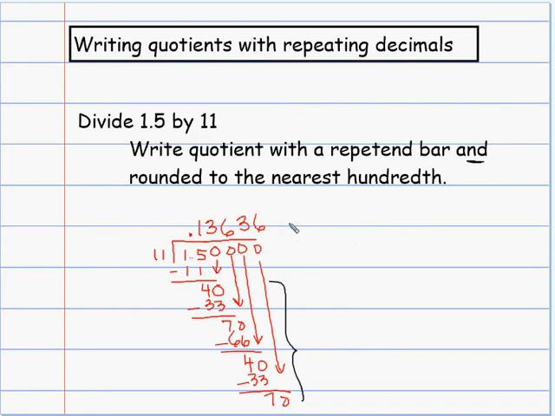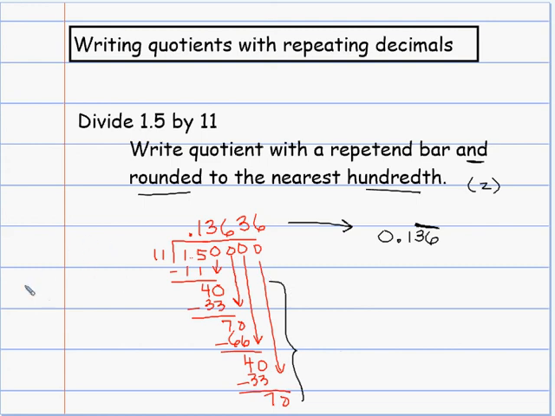So the first part of our answer is going to be 0.136, and we just said that the 3 and the 6 repeat, so we'll put the bar above the 3 and the 6. Now make sure you write it so that I know what you wanted to put the repeating bar over. Now, the second part of this was rounded to the nearest hundredth. Hundredth is the second place value.